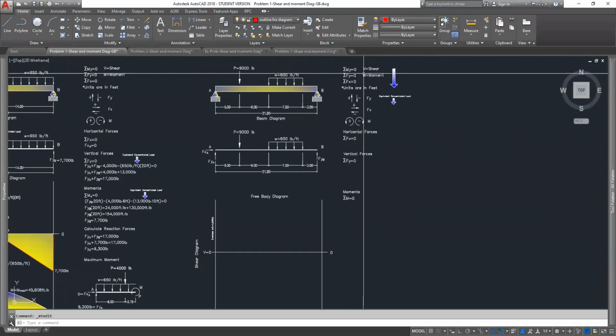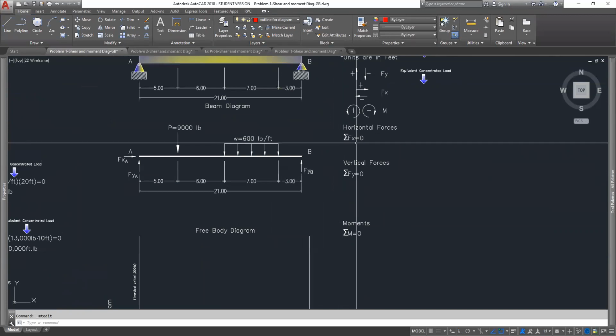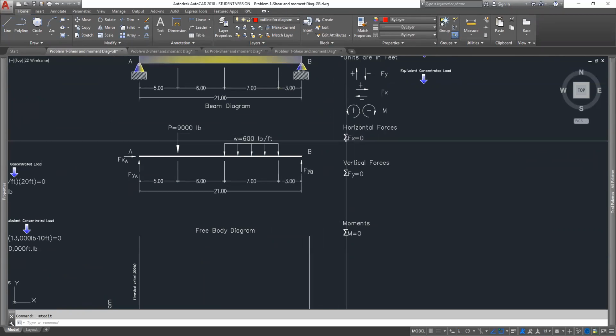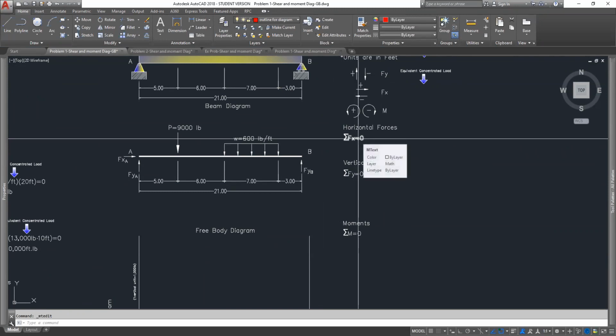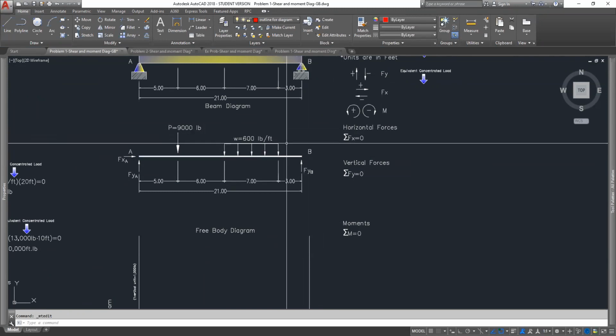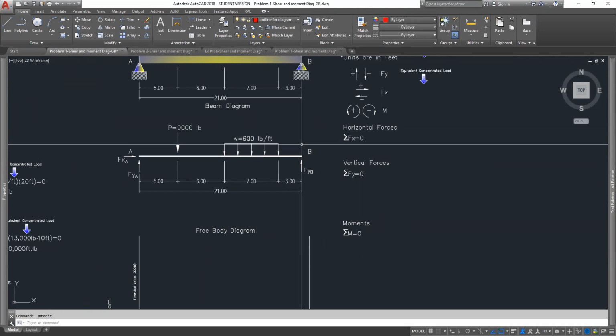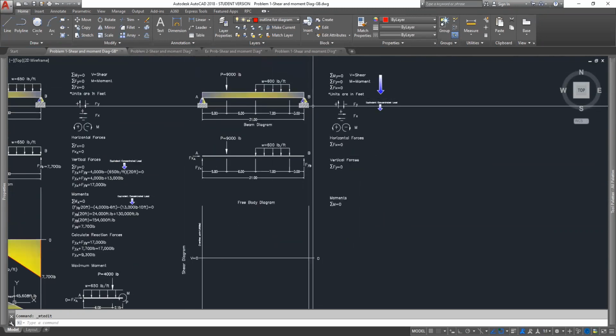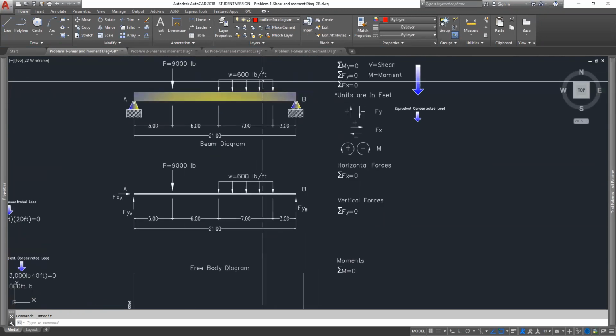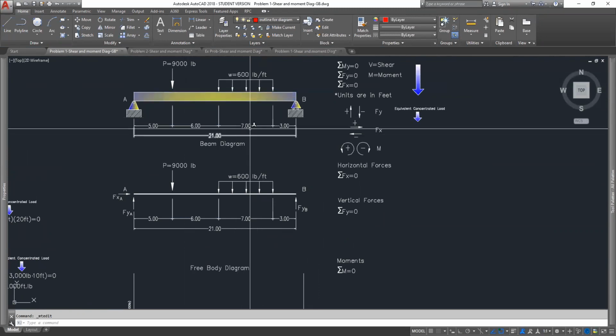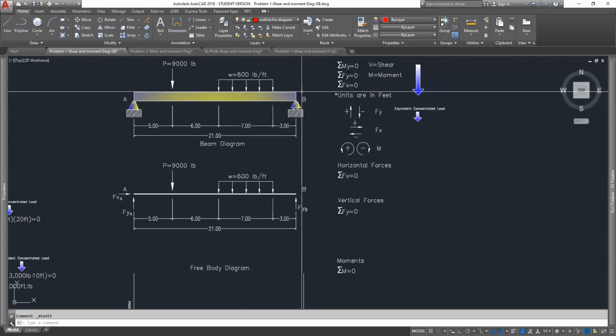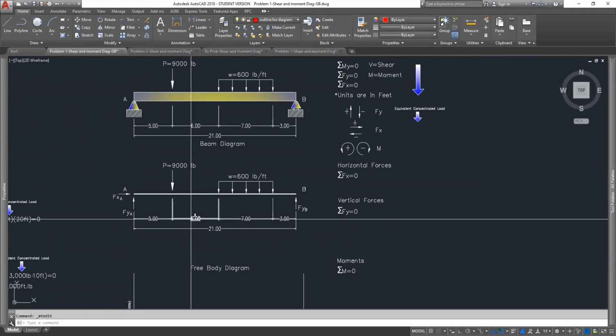We know from our three equilibrium equations that the summation of all horizontal forces is equal to 0. Well, we know for a fact that there are no horizontal forces put on this beam. In other words, if we were to create our beam diagram here, we would have to show an external horizontal force going onto this beam, which we do not show right in here.